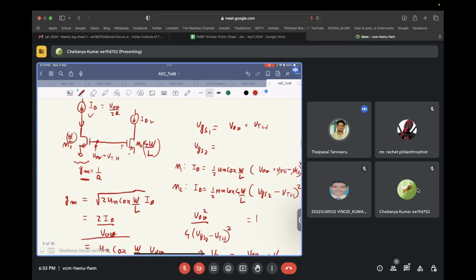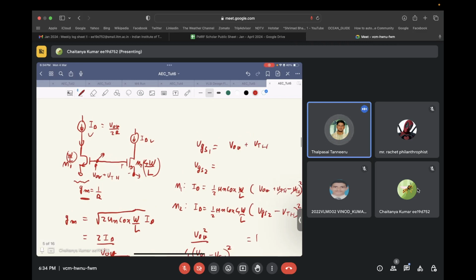So if VGS2 is VOV2 plus VTH, what will be the source voltage? This gate voltage is VOV plus VTH. What will be this voltage? So this will be VOV plus VTH minus VGS2. You understand?